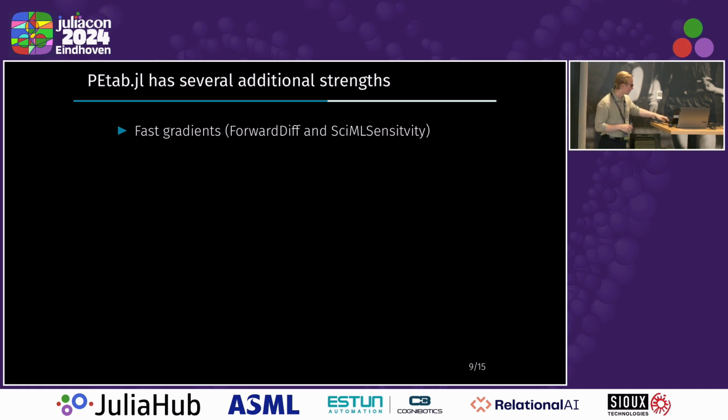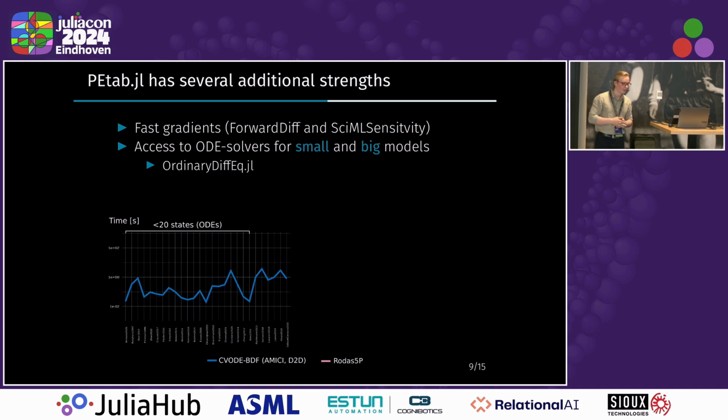Also, we integrate with the rest of the SciML ecosystem. So we have access to ODE solvers for both small and big problems. And to see why this is a benefit, we can take a look at this plot here. What you're seeing here is the runtime for 29 benchmark models sorted based on size. And this is the CVODE BDF solver. It's quite famous for being the workhorse in a lot of established software like AMICI, Lee-Broner, D2D, industry standard.